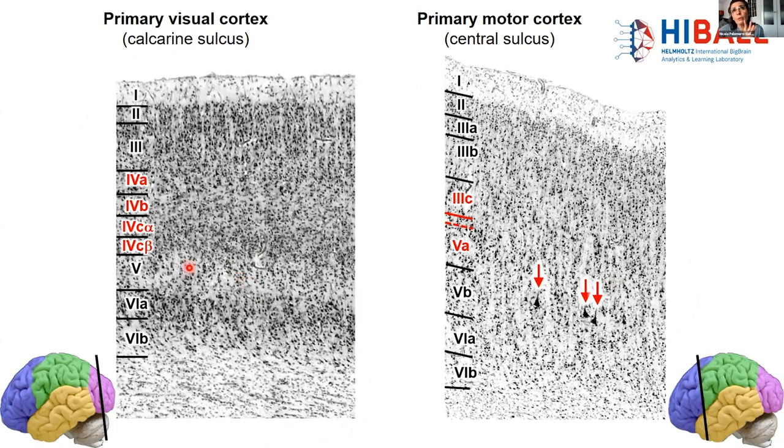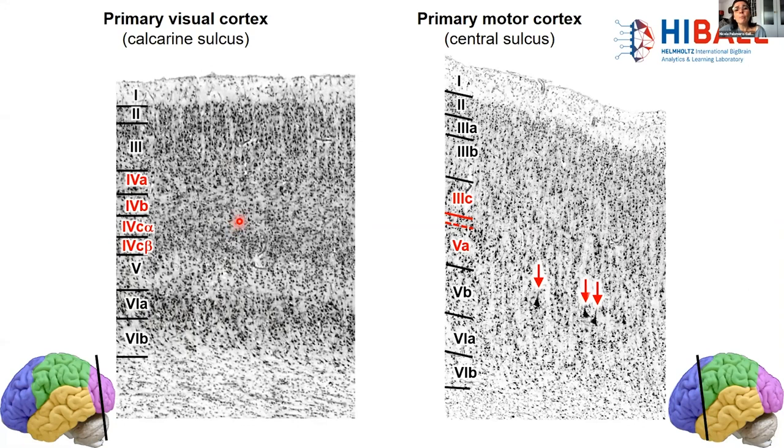And this is mainly due to the fact that in the primary visual cortex, layer 4 is subdivided into 4 sublayers. This is the only part of the neocortex where layer 4 can be subdivided, okay? We also have a very prominent layer 6A. So it appears as a very dark stripe here, okay? These are cytoarchitectonic characteristics that enable us to identify this part of the cortex.